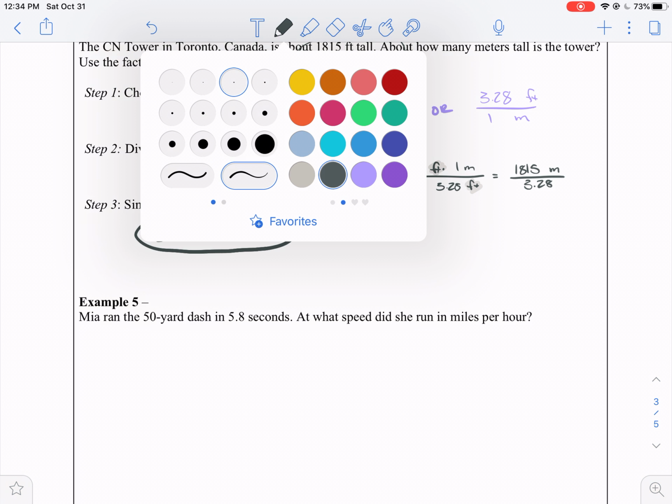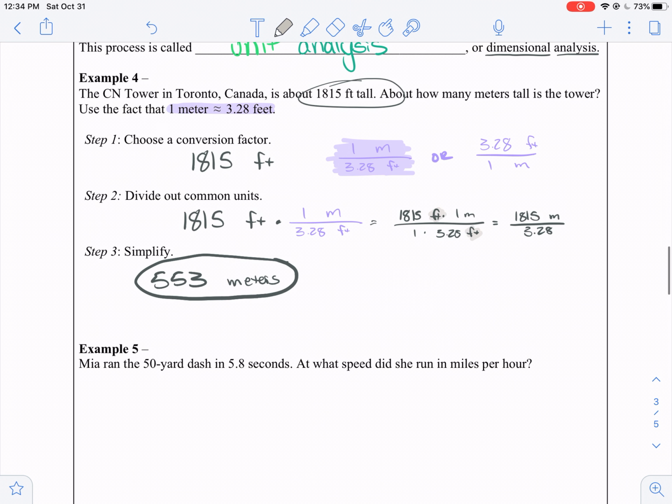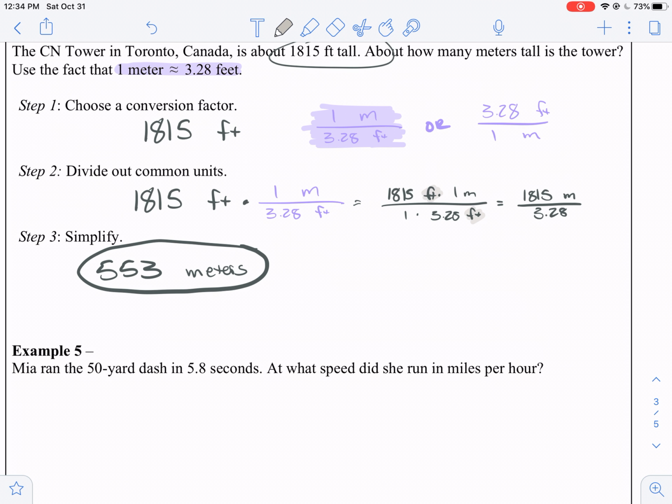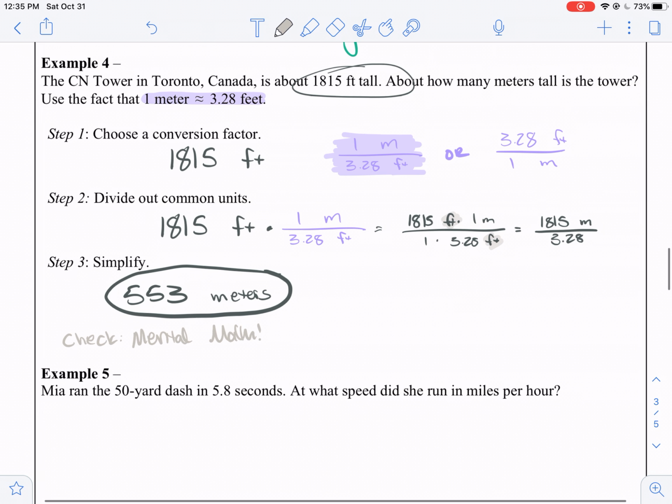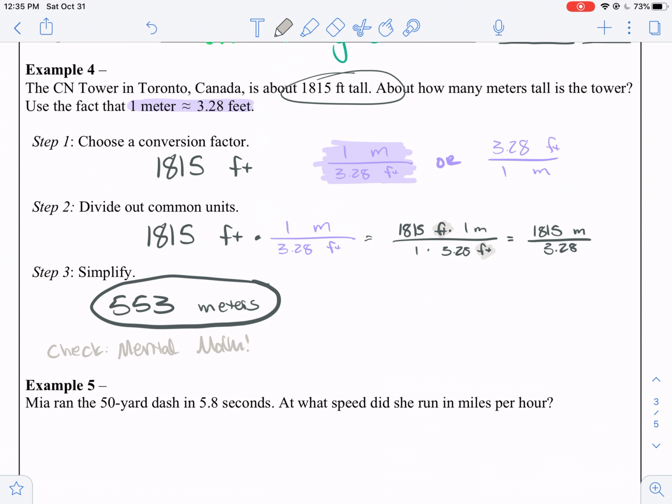Now let's check our work in the efficient way. We're going to check our work with mental math. We don't have to completely redo the problem. We'll just check if we're about in the right spot. So 1,815 feet is what we started with, and that's about 1,800 feet. It's close enough.